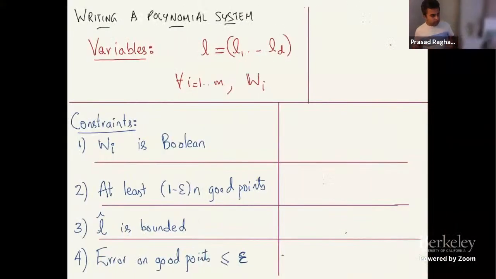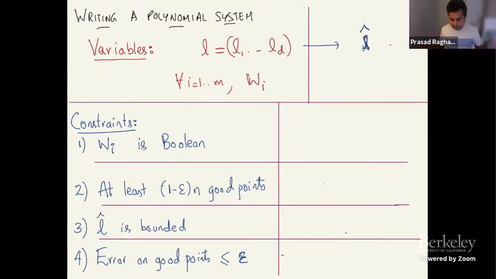Okay, so now we have this black box that takes in a polynomial system. So the natural thing to do is to formulate our problem as a polynomial system, and this is what we do. What are the variables of my polynomial system? Firstly, you have the linear function that you want to find, which I'm calling L1 through Ld. In an ideal world, this would be the true linear function L hat, but those are the variables that stand for that.